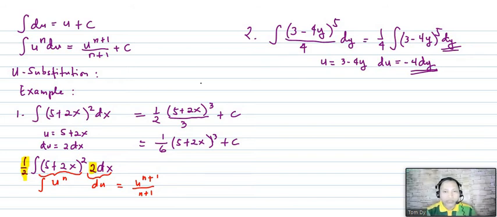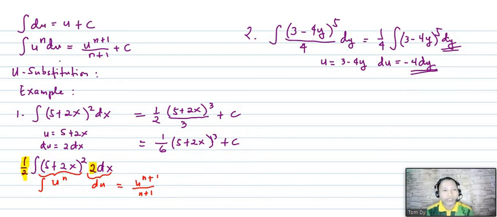Take note of this one: if the only difference is in number or sign, positive or negative, then that is acceptable and can be solved using this particular formula if you want to use this one.